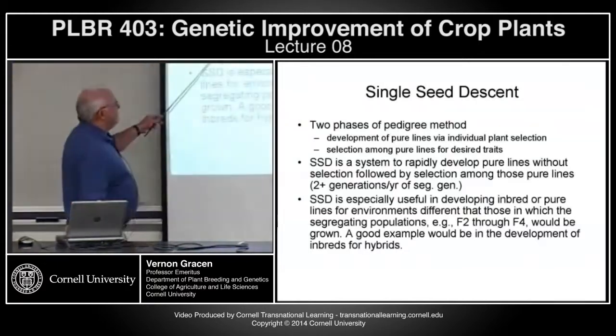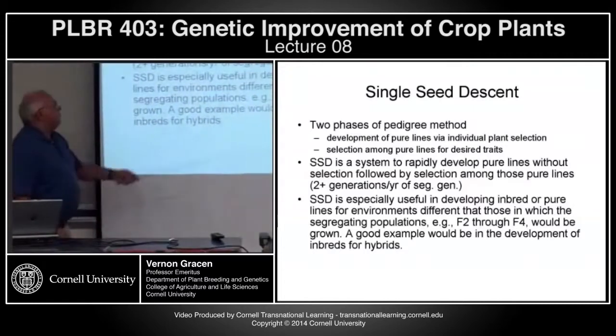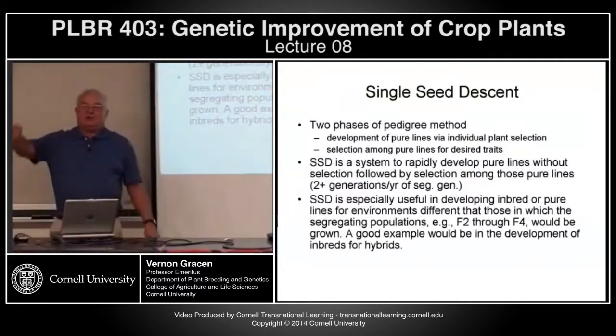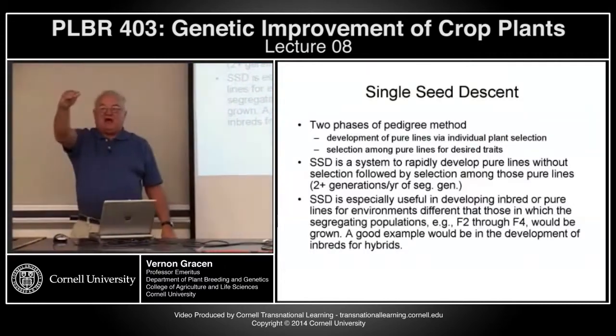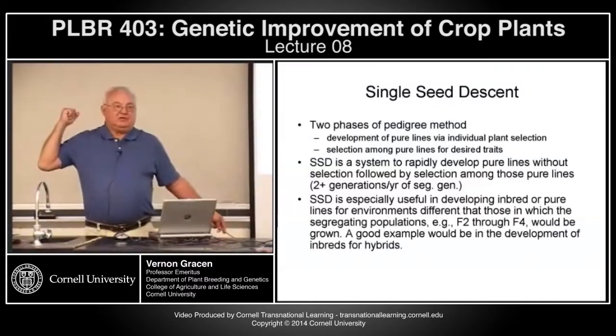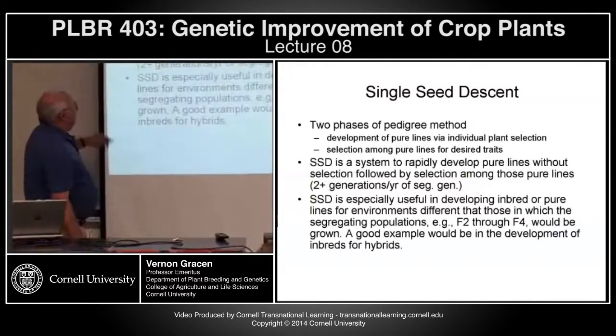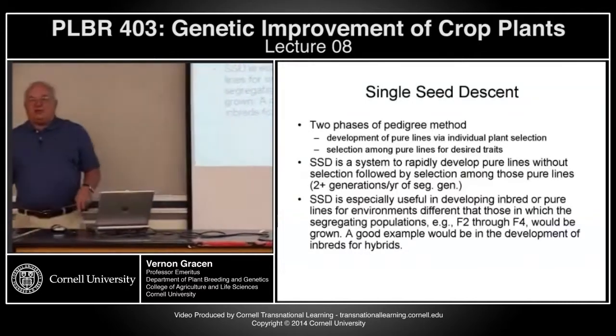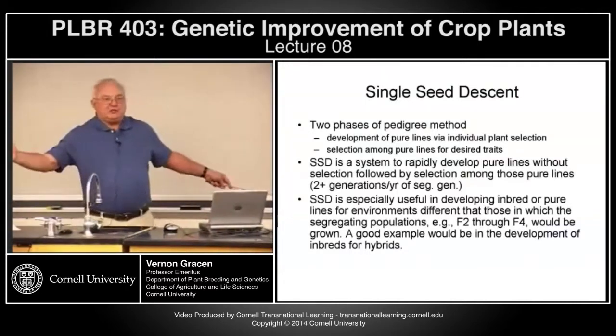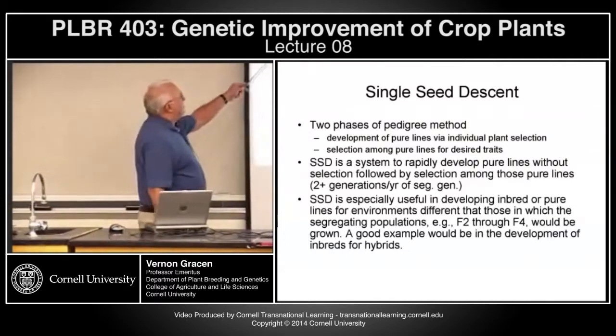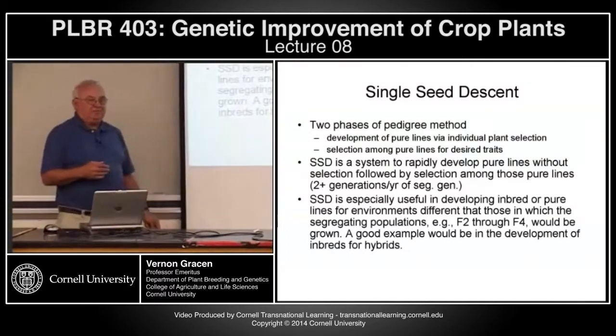Well, the single seed descent says, well, let's not do any selection during those F3, 4, 5 generations. Let's just fast forward through those by taking single seed. Then when we get to that F6 generation, we're back to homozygous plants. We can start selecting varieties and not worry about all this preliminary stuff.